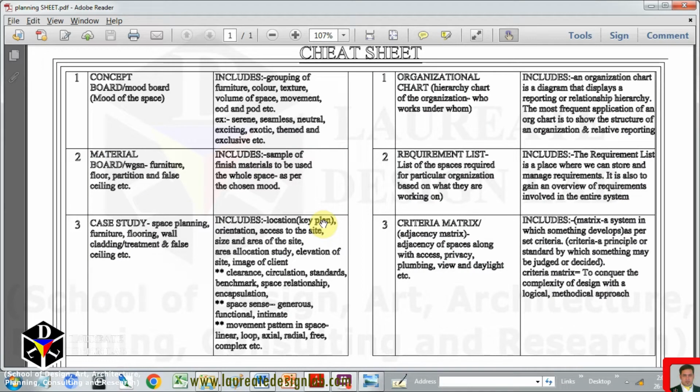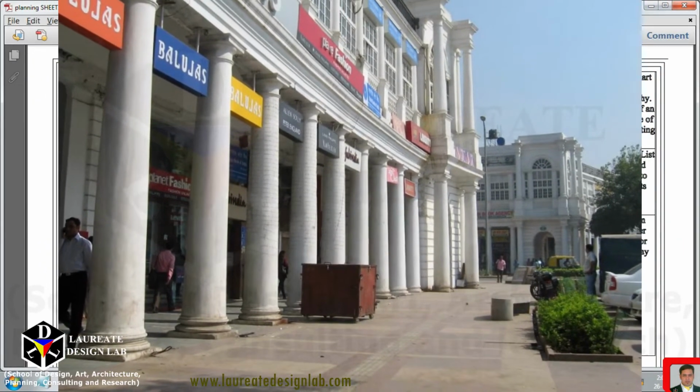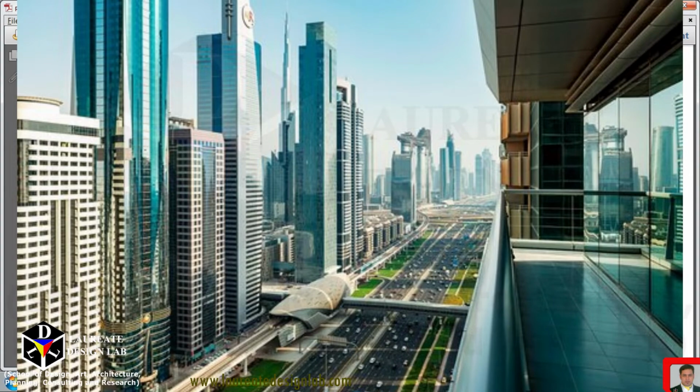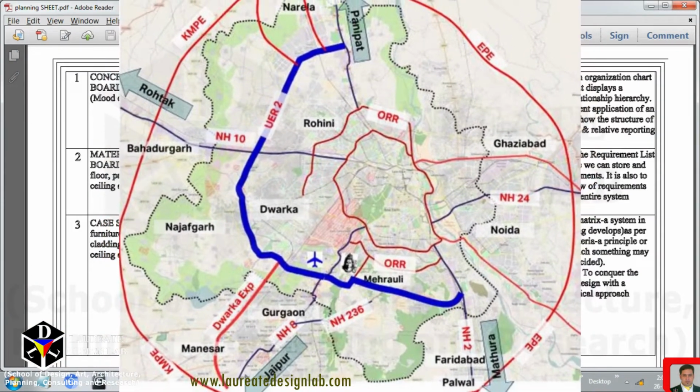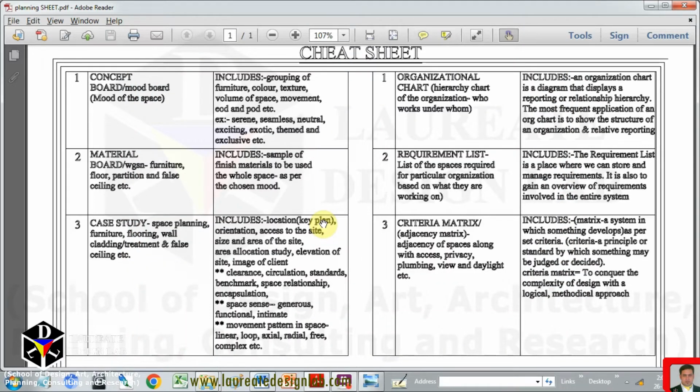Location could be in terms of the city, which location it is in, prime location, secondary prime location. In terms of also, it is on a highway, national highway, or ring road, or outer ring road, or you name it. This is how you can even locate it.